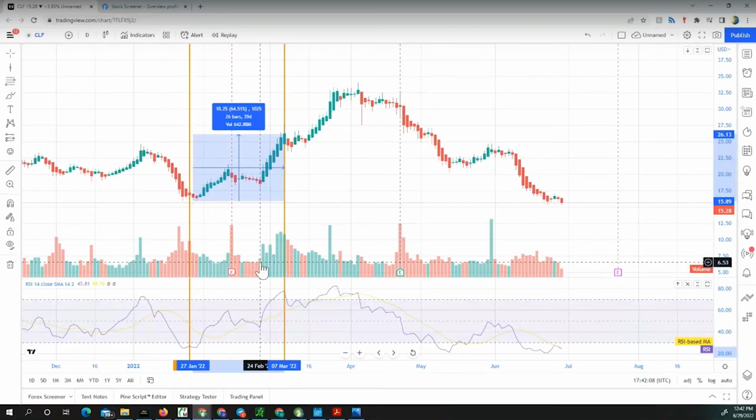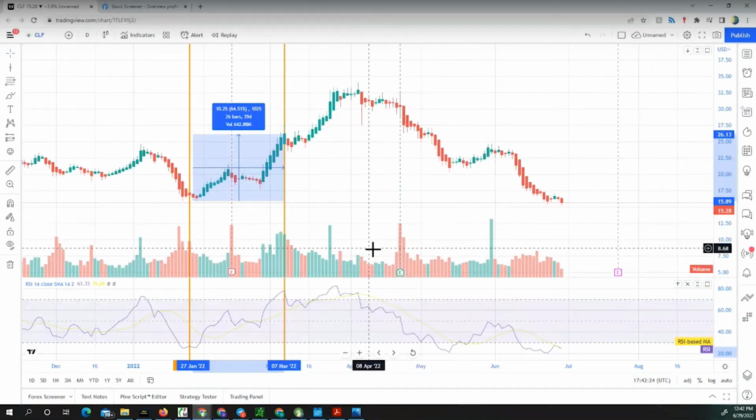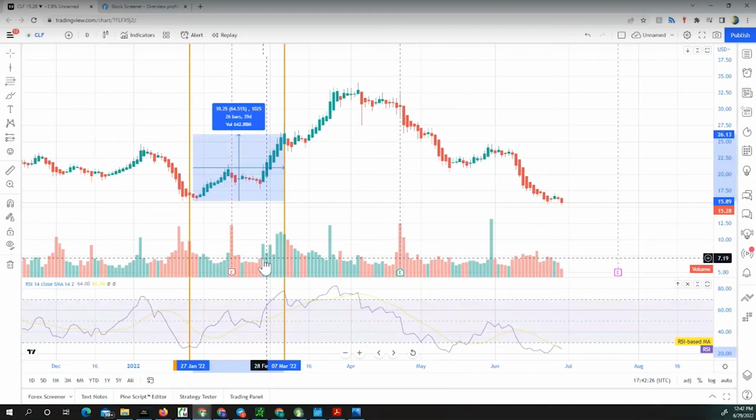So when you start seeing continuous green bars in volume like this, it's confidence that people are more inclined to buy than they are to sell. And when it turns red, people are more inclined to sell than they are to buy. So that's how you can use volume, in combination with something like RSI, to determine a good point of entry and a good point of exit.